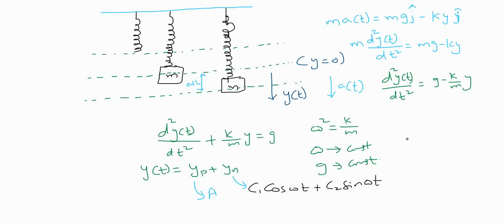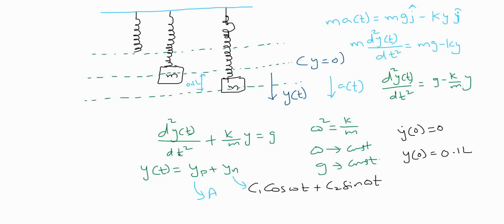The initial conditions are that y dot when t equal to 0 is 0, because it is stretched and released from rest. And also we know that y of 0, at time t equal to 0, is 0.1 L, because it is stretched from y equal to 0 towards 0.1 L.